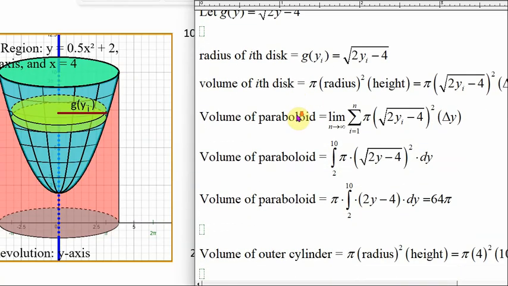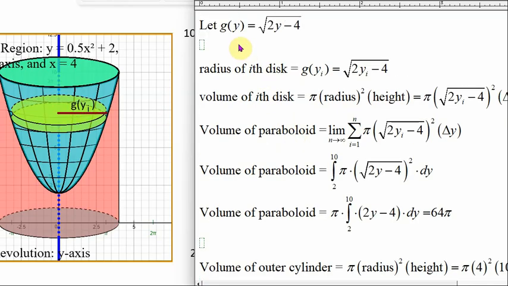And so once again, the distance from the x-axis to the bottom of this ith disk is y sub i minus 1. And then the distance from the x-axis up to the top of this disk is y sub i. So right here, this is y sub i. And so the distance from the y-axis to the graph would be g of y sub i.